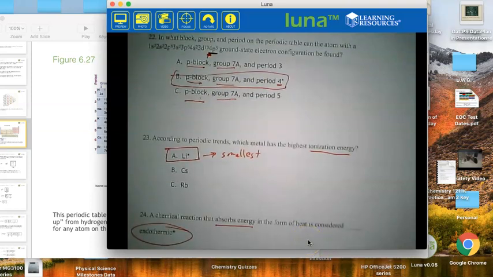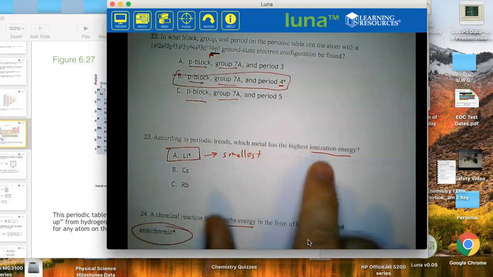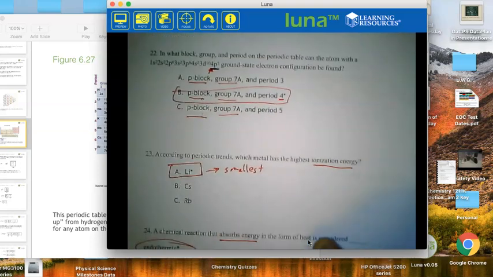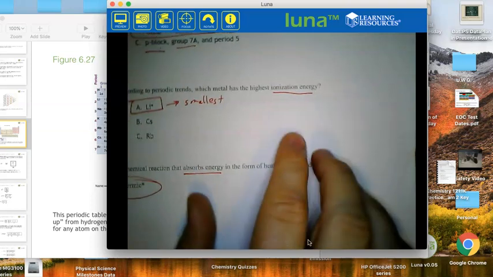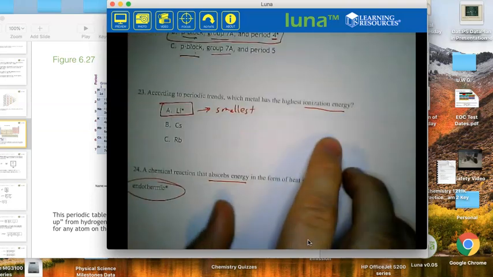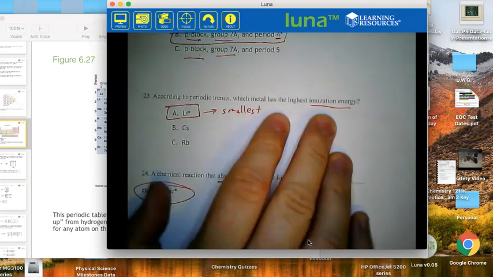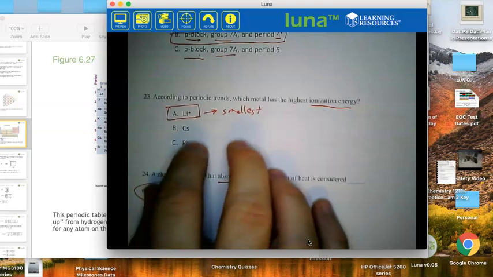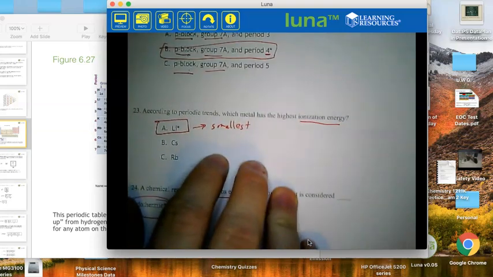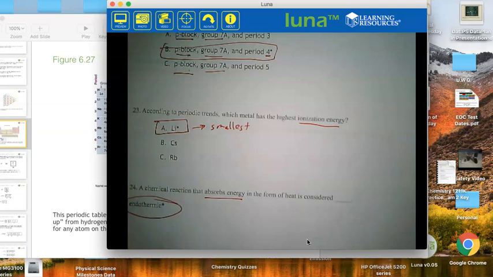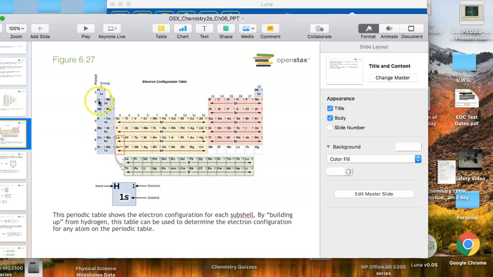Number 23, according to the periodic trend, which metal has the highest ionization energy? What is ionization energy? It's the amount of energy required to remove an electron from a neutral atom. That's the first ionization energy. The elements given to you, lithium, cesium, and rubidium, are all in group 1. Lithium's at the top, and then you have rubidium and then cesium at the bottom. Remember your trends for ionization energy.